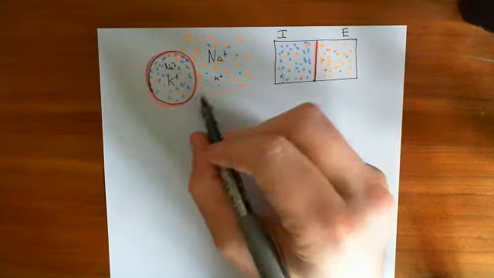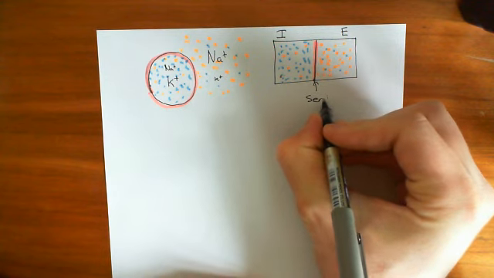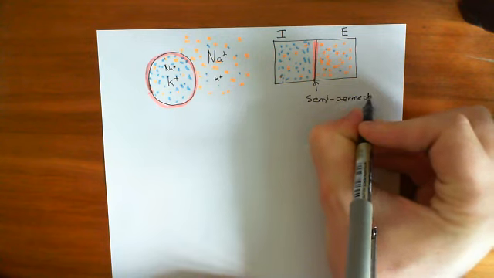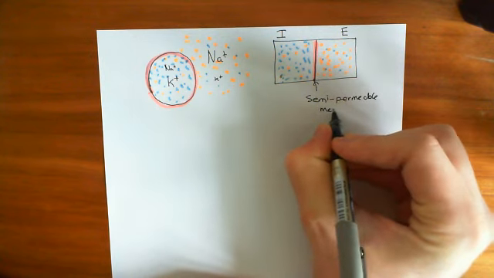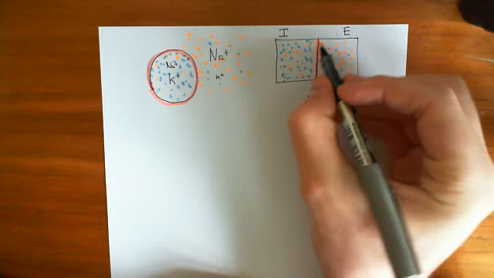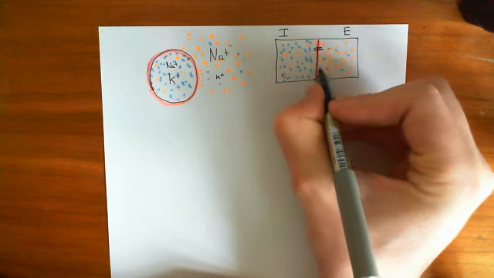Okay, so there's another important thing that we need to discuss. This membrane, this semi-permeable membrane, is permeable to both sodium and potassium, but its permeability is different for sodium and potassium. Basically, you have little channels in here. You have two types of channel.